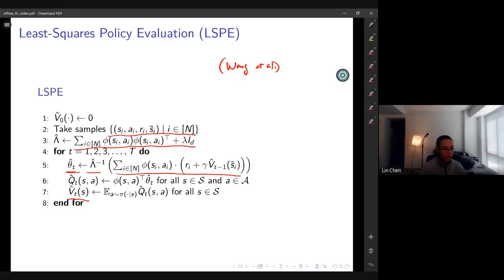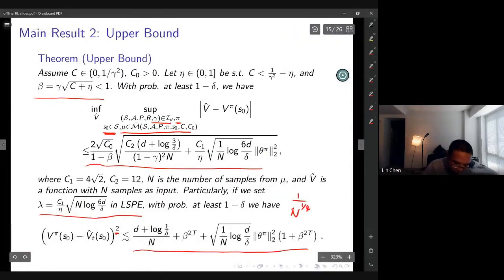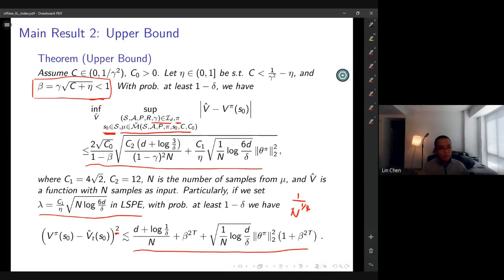I would like to mention one very major difference between our paper and the paper of Wang et al. The difference is that we have a constant beta here. So in the infinite horizon case, we can control the bound by making some term shrink by every step.